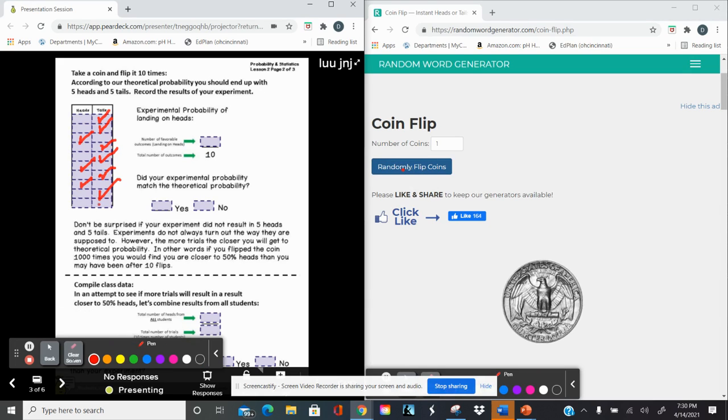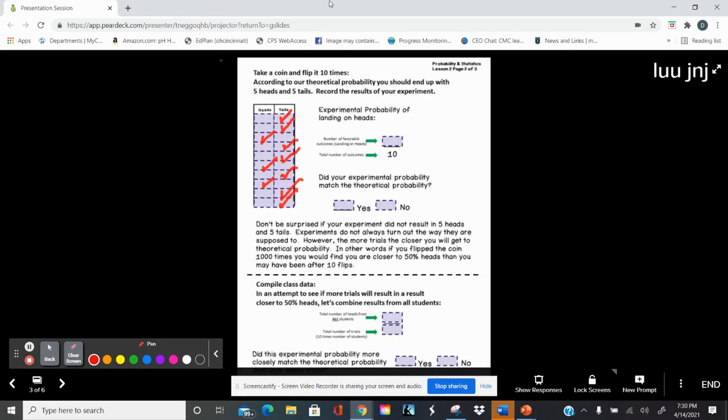All right, so let's get off of that page and go back here. Okay, so now let's count up and see what we have. Our favorable outcome was landing on heads. How many did we have? We have 1, 2, 3. So our top number will be 3.